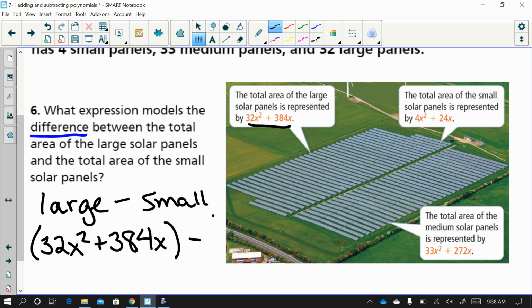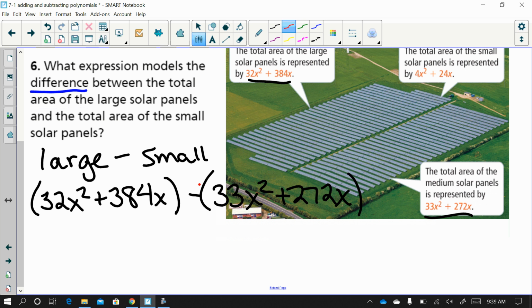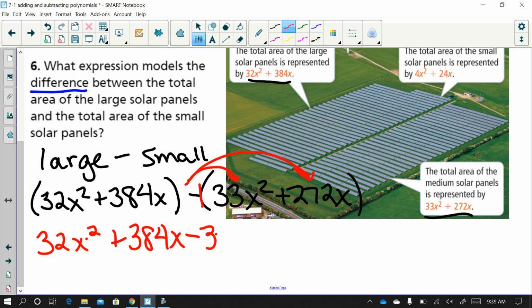I want to subtract the small, 33x squared plus 272x. Okay, remember we just talked about when I have a minus, I'm going to distribute it. So I have 32x squared plus 384x minus 33x squared minus 272x.